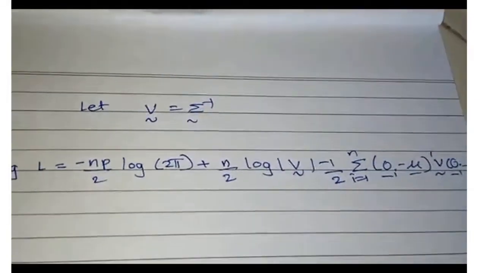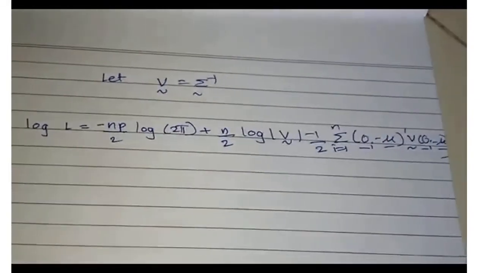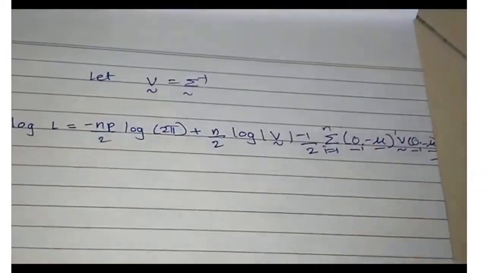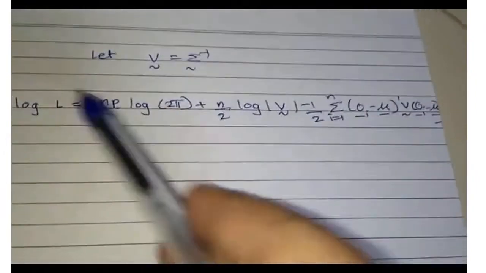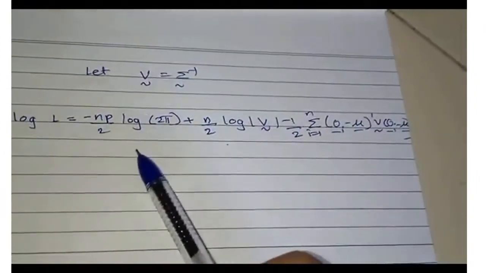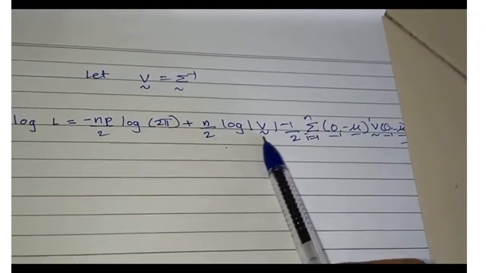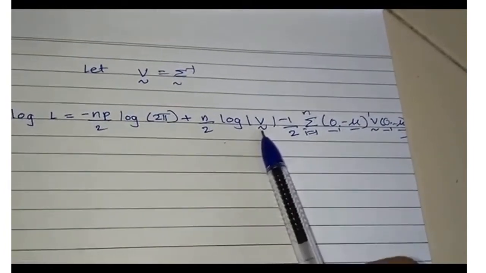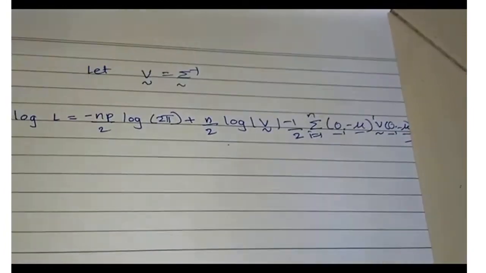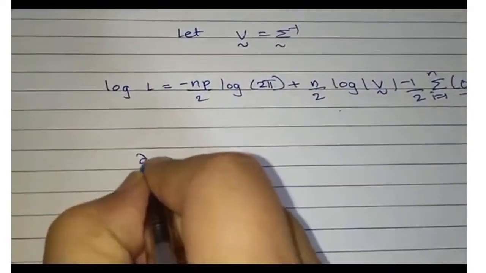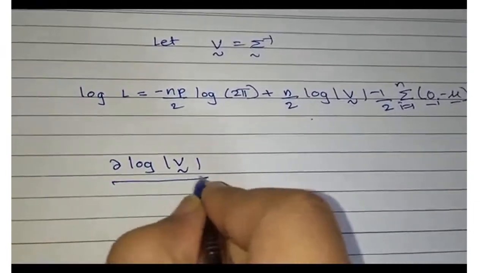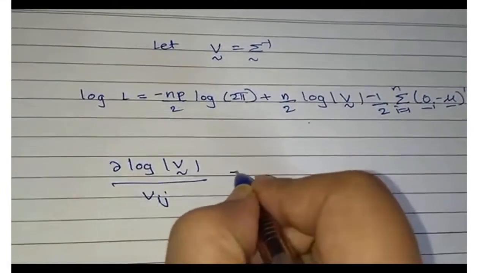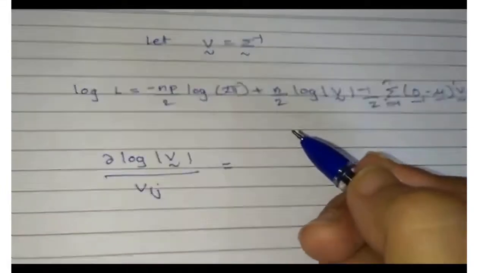Okay, so we will try to differentiate this log likelihood now with respect to the ijth component of V. Now V is involved in the second term as well as in the third term. The first term anyway is not going to contribute. So we have to differentiate log of determinant of V with respect to Vij and this term also with respect to Vij. So let me first start by considering log of determinant of V with respect to the ijth component of V. How can I do this?